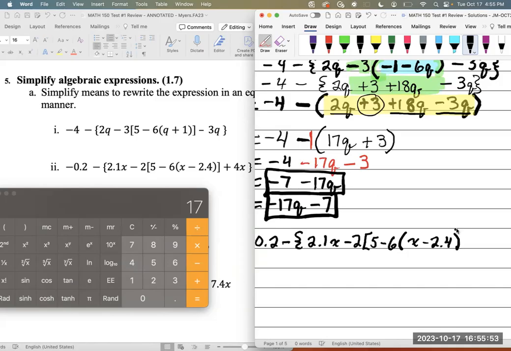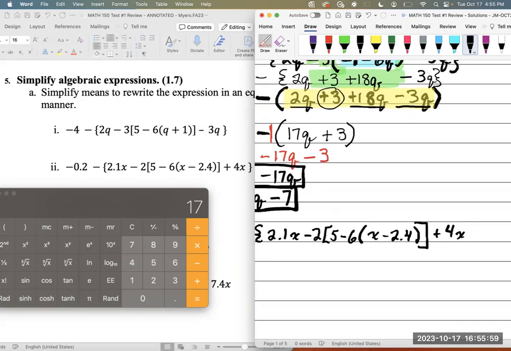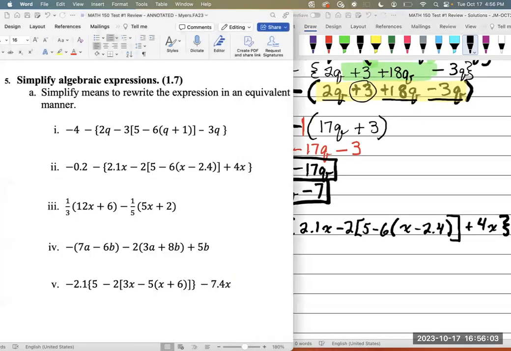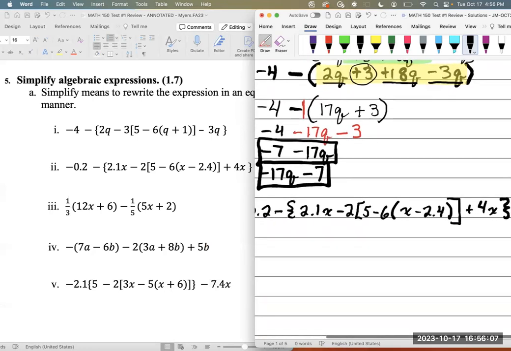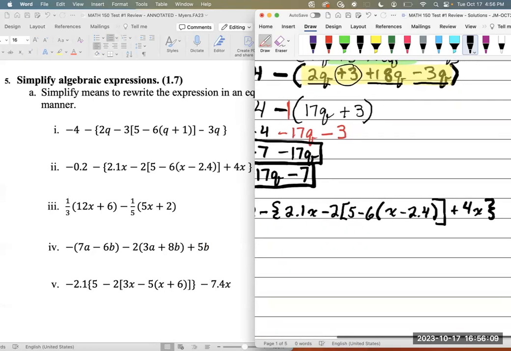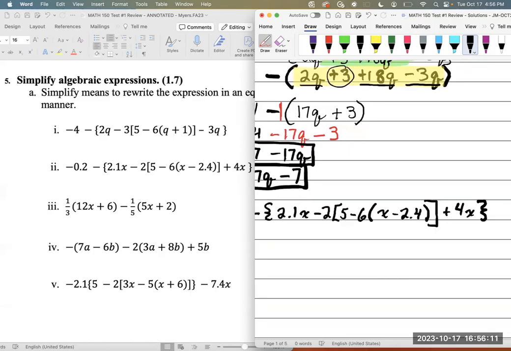You can pause the recording while you copy it down and then start working on the problem on your own. See how far you can get. All right, negative 0.2 minus the quantity 2.1x minus 2 times the quantity 5 minus 6 times the quantity x minus 2.4, close parenthesis, close bracket, plus 4x, close set builder notation.